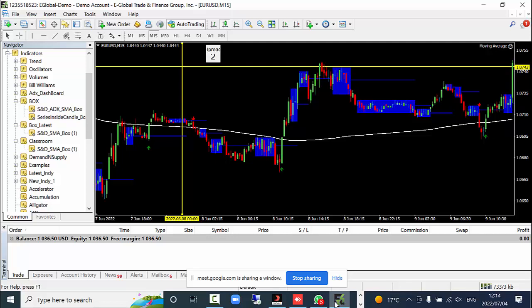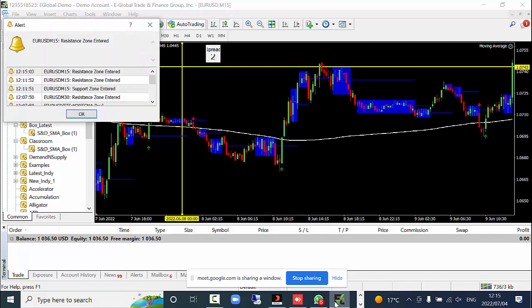Let's say you are a risk taker, but you want to take between this and this. If you want to use 0.1 lot size to risk 1% of your account, that means you are going to divide $10.36 by $1. And this is going to give us 10 pips.